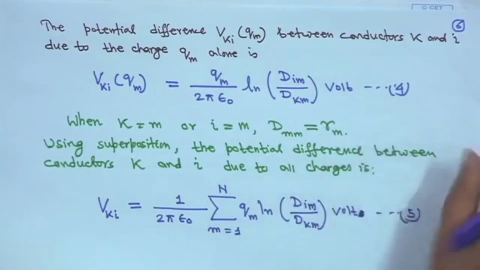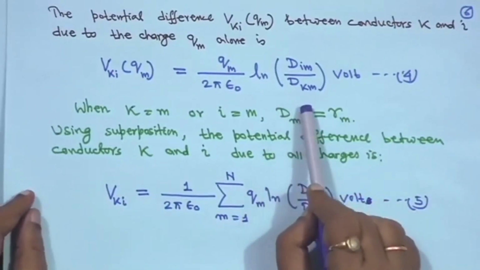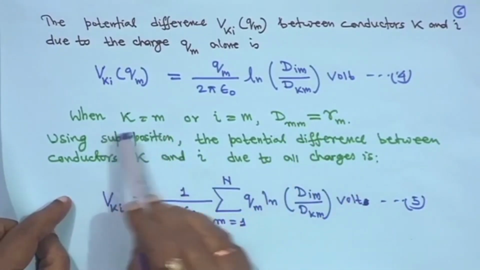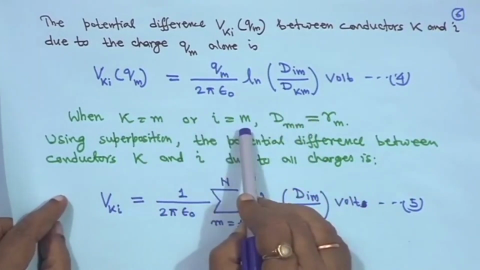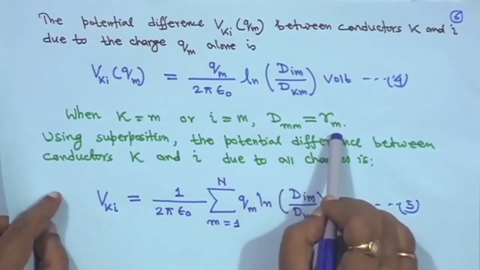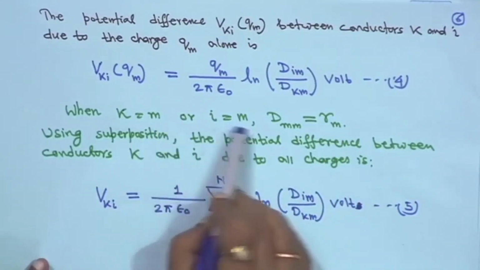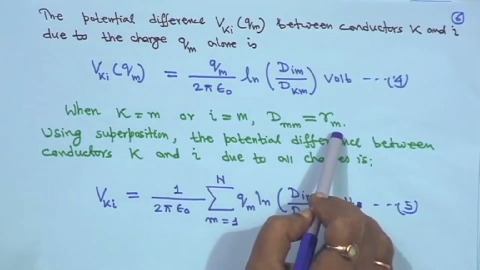This is equation 4, which we are writing from equation 2. Now, if k is equal to m or i is equal to m, then dmm will be rm, that is, the radius of the mth conductor.